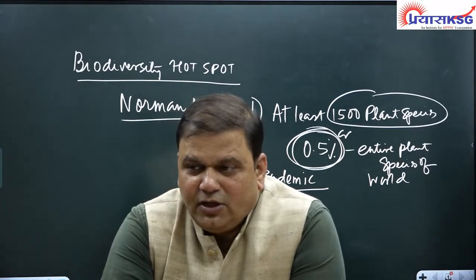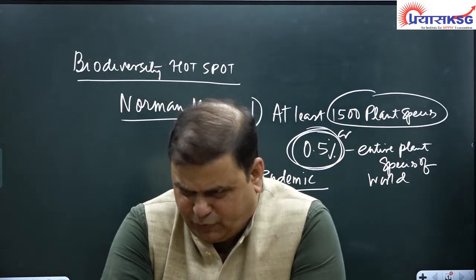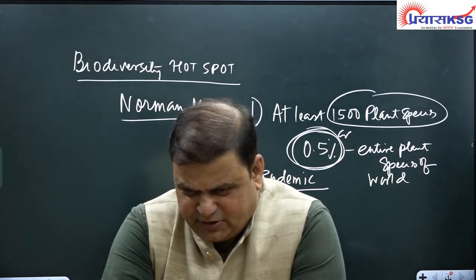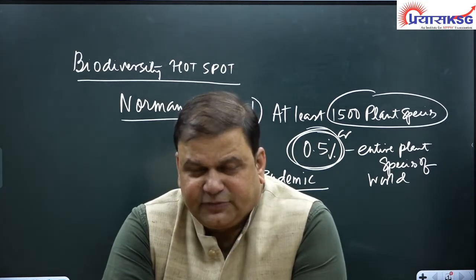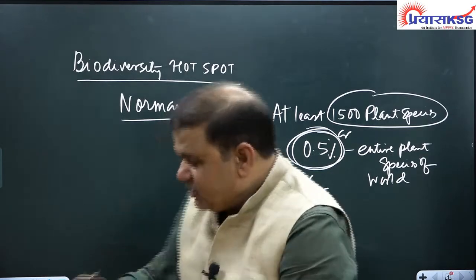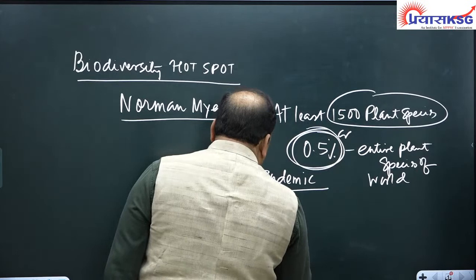Fine. So that is your 1500 plant species or 0.5% of entire plant species of the world should be endemic in this area. And second criteria is what? 70% of primary vegetation.